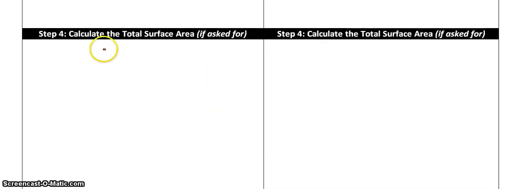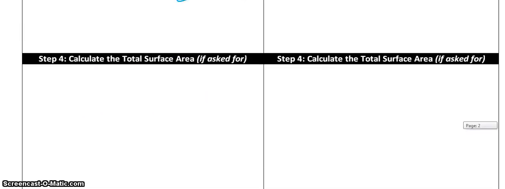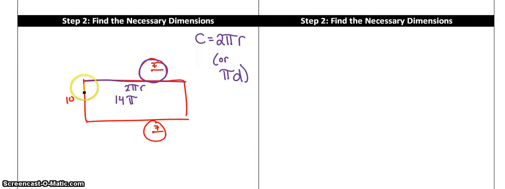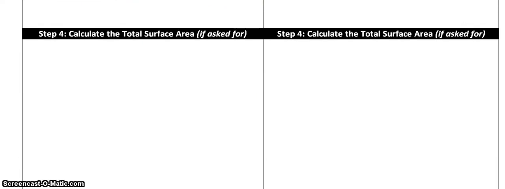Now to find the total surface area, if you're asked for it, all you have to do is include the bases. So the total surface area is everything that covers this shape, not just the faces. The only thing I haven't calculated now is the area of that circle. There were those two circles here, each with a radius of 7.